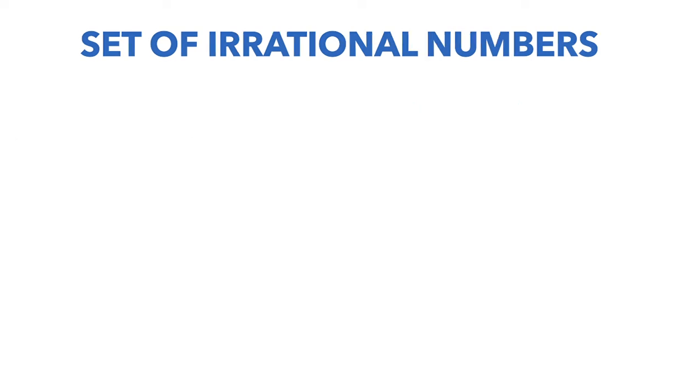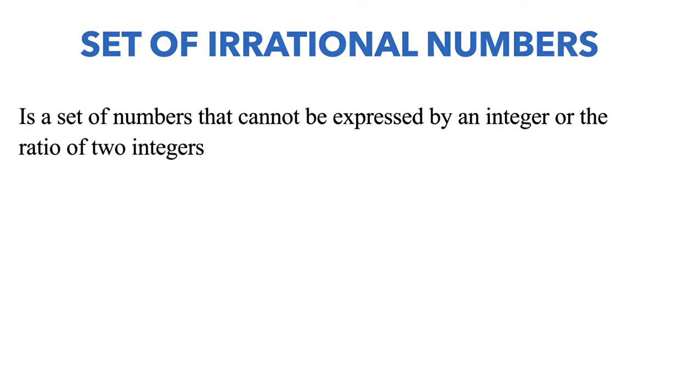All right, let's go to our next numbers, which are the irrational numbers. These are just the opposite of rational numbers, and they are numbers that cannot be expressed as an integer or the ratio of two integers. In other words, irrational numbers cannot be expressed as a fraction.